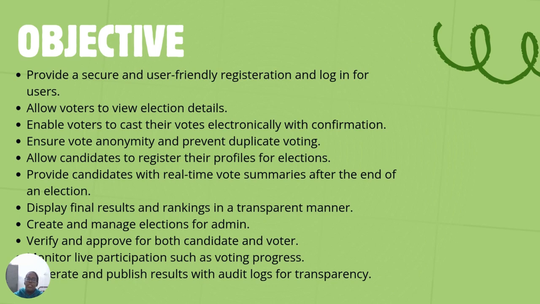These allow us to connect the classes: association is a loose connection, like a voter participates in an election; aggregation means one class has another, like an election has candidates; and composition is a strong ownership. For example, a ballot box contains votes. If the ballot box is deleted, its votes go with it as well.